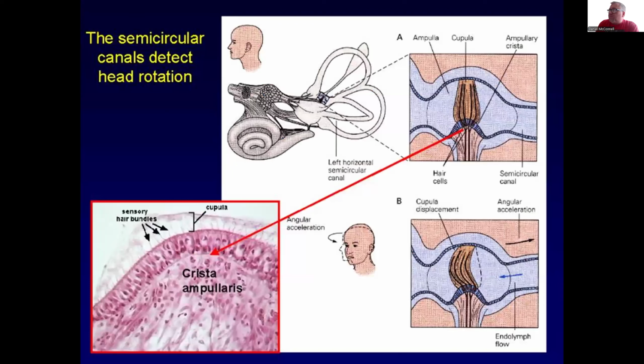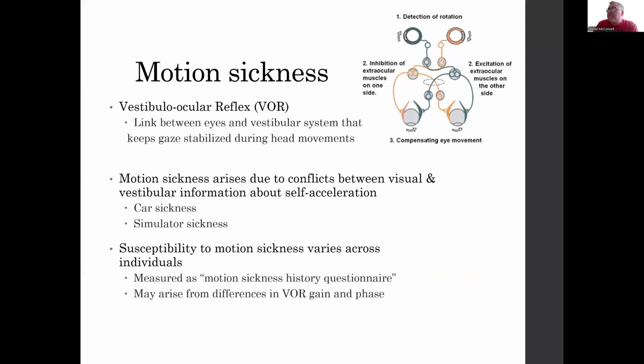This is also, again, more pictures showing the same thing, right? Showing how the angular or rotational acceleration of the head causes the displacement of the cupula in a specific direction and in a specific plane.